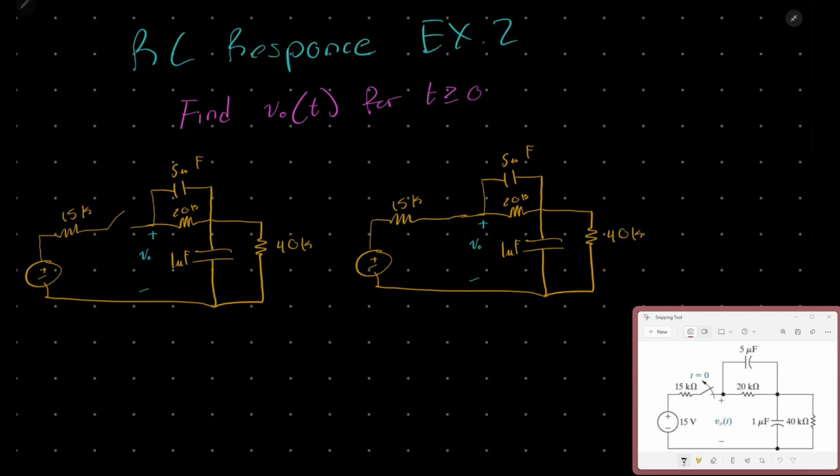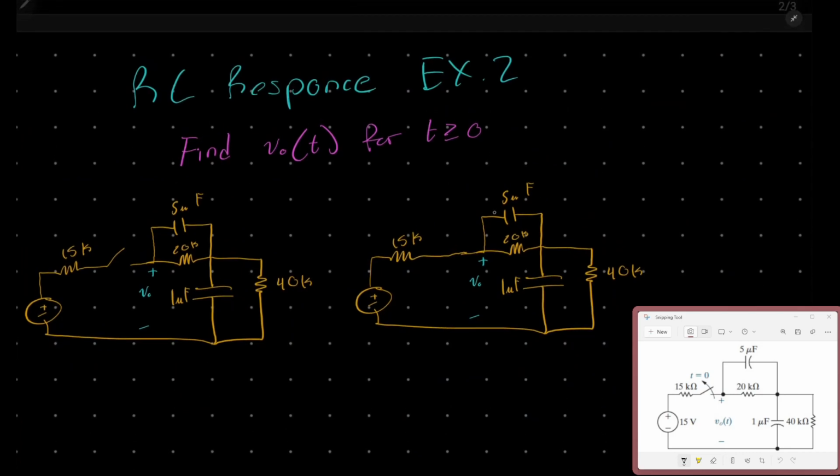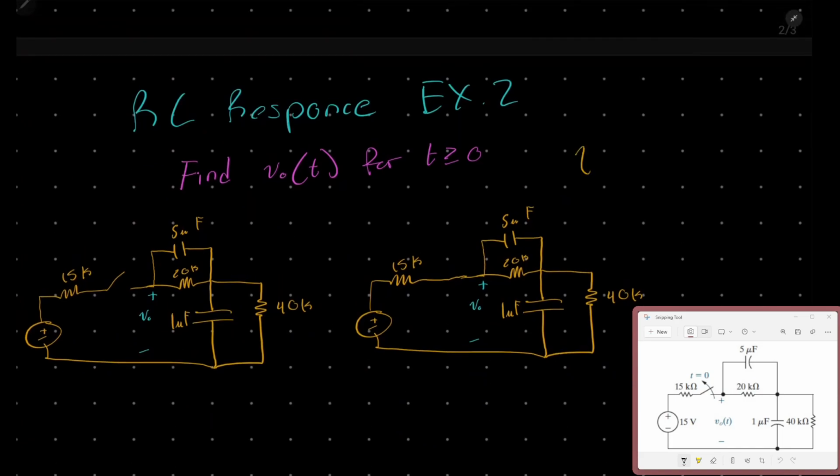Now, we want to remember that when voltage has been going through these capacitors for a long time, they will turn into open circuits. And this is because the equation for the current through a capacitor is I equals C dV/dt.